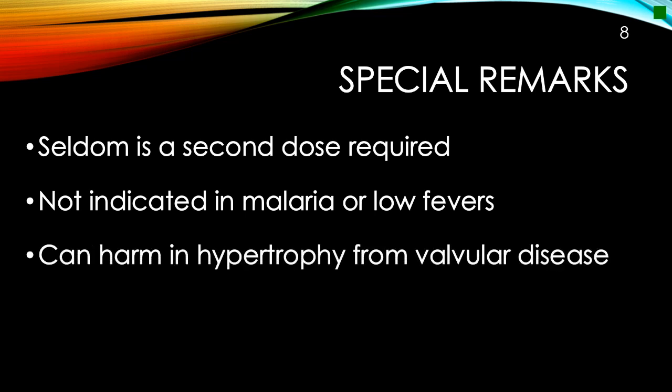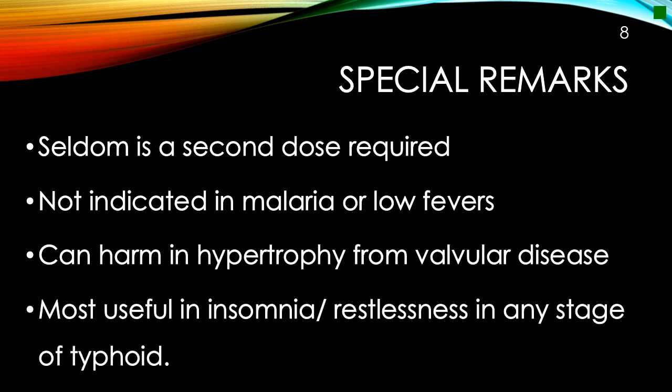It can harm in the hypertrophy from valvular disease of the heart. Please keep that in mind. It's not that homeopathic remedies don't cause harm. Wrongly chosen remedies or the inappropriate dose or potency can cause aggravations. It is most useful in the insomnia or restlessness in any stage of typhoid.